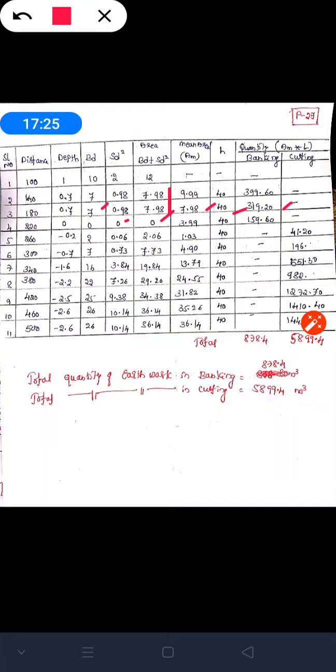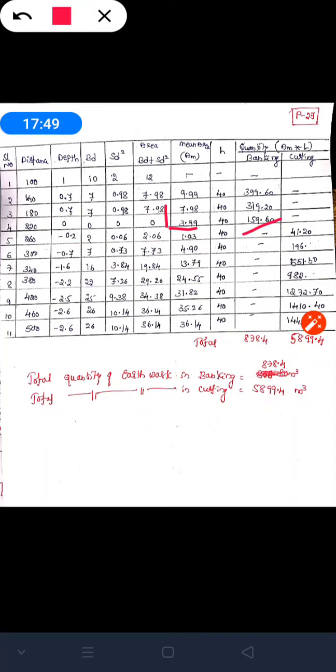Similarly, at chainage 220, it will be 0. So 0 means everything will be 0 up to the area. Then I should take the average of these two. One area will be 0, another will be 7.98, then I got an average of 3.99. For this 3.99, I multiplied by 40, then I got total banking equal to 159.60.